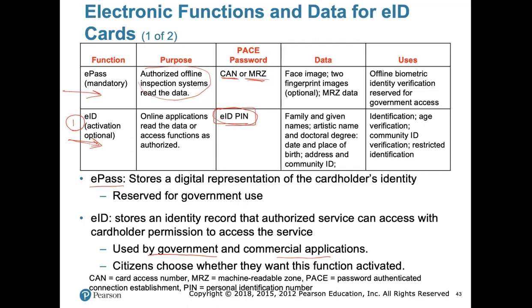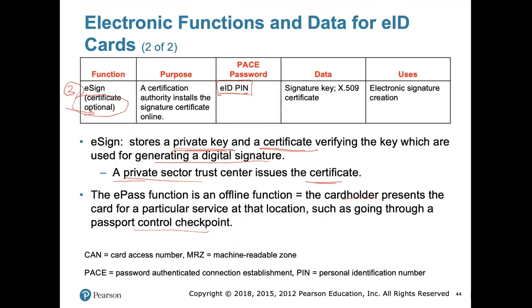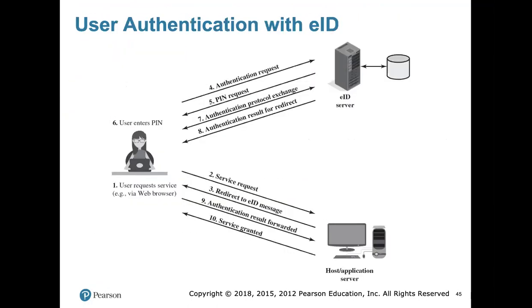And that way we can make sure that even if someone steals the card, they cannot use it for authentication or for electronic signature. So that's why we say that the card also has a PIN as well.